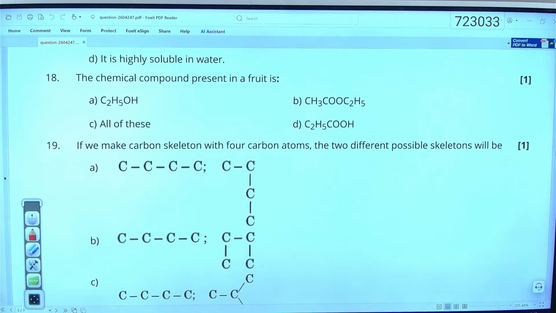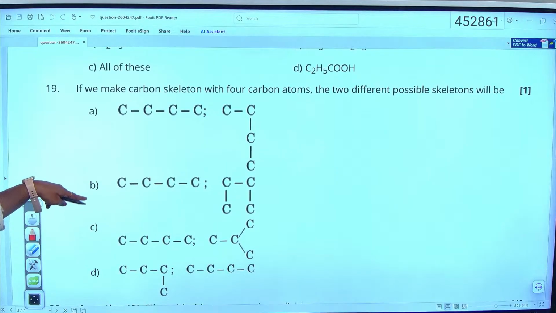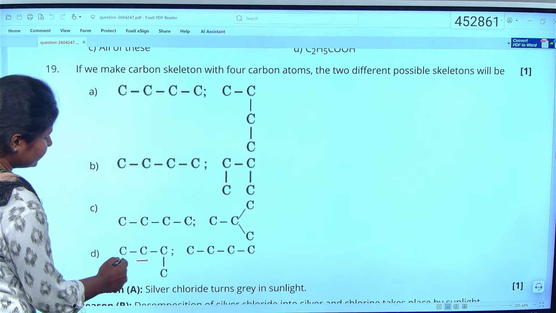The chemical compound present in fruit: ester. So which one is the ester here? B. What ester is that? Ethyl acetate. If we make carbon skeleton with 4 carbon atoms, the two different possible skeletons will be... Option D. If I trace the carbon atoms, in the straight chain how many are there?